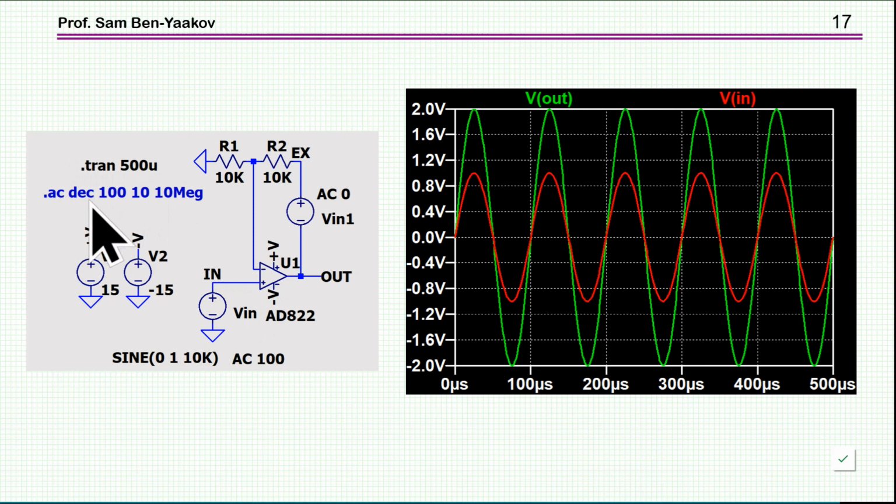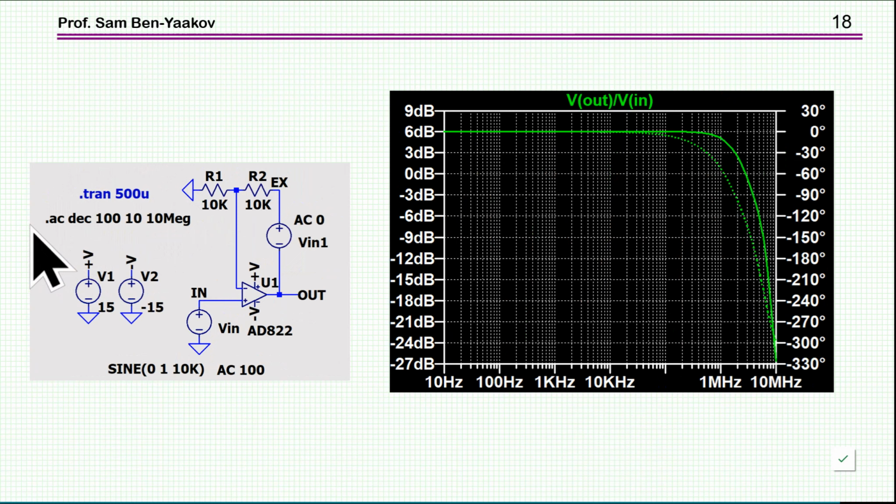This is not looked at, and there is a procedure to release it. So I can make this one blue and this one black. Here it is. So now I will be running AC analysis. I've put AC 100 volt, and here is the output.